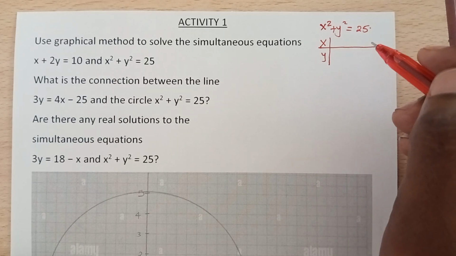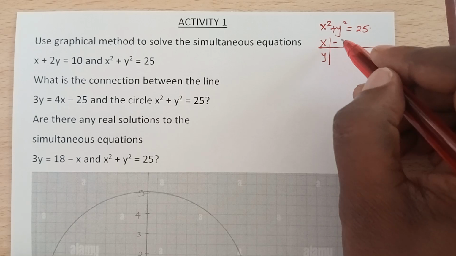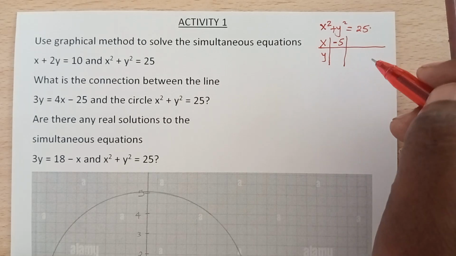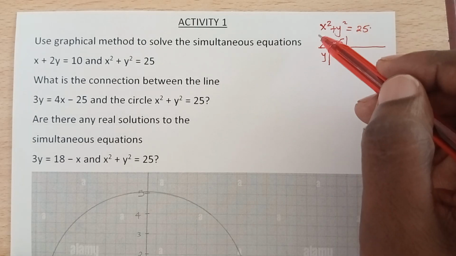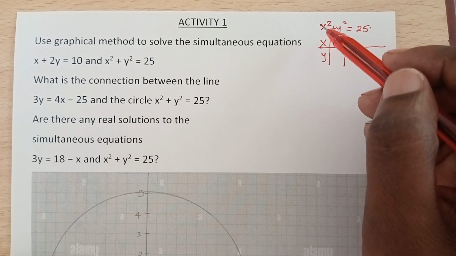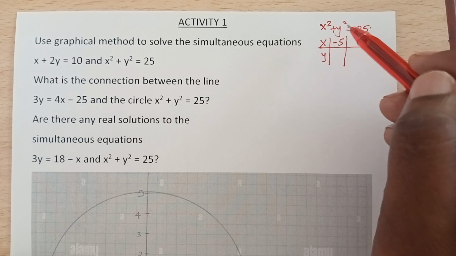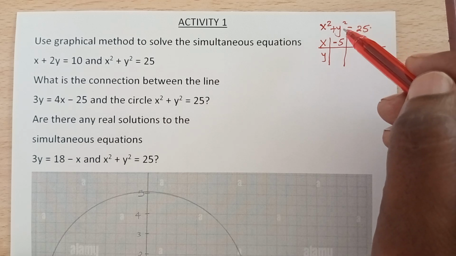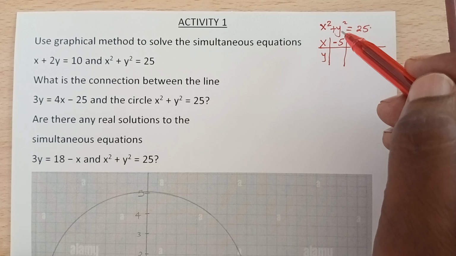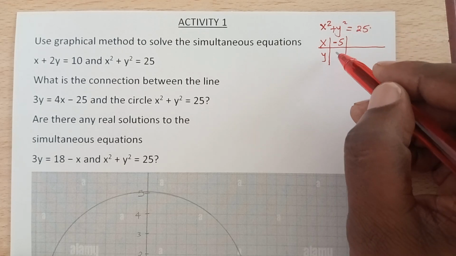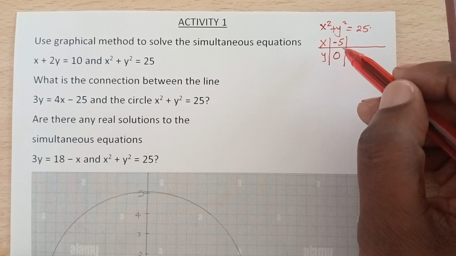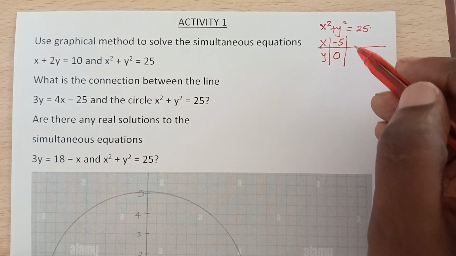It goes without saying, when x is negative 5, x squared is negative 5 squared, which is 25. 25 plus y squared is equal to 25, so y squared has to be 0. The square root of 0 is simply 0. So when x is negative 5, y is 0.